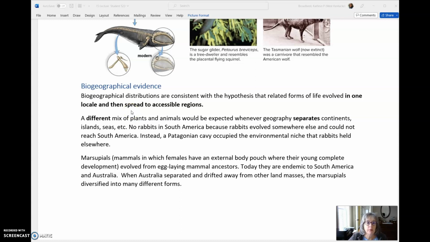A different mix of plants and animals would be expected wherever geography separates continents, islands and seas, and so forth. So there are no rabbits in South America because rabbits evolved somewhere else and they had no way to reach South America. So instead, South America has a cavy, which occupies the environmental niche that rabbits hold elsewhere.